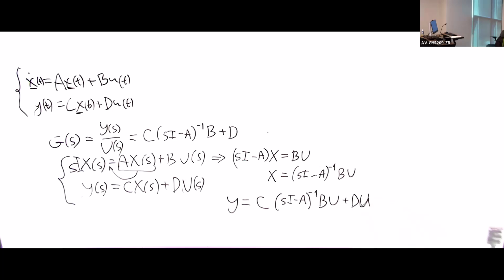I just substituted that x here in that equation. Okay, so it's C times that thing plus Du. Now I can take u out to write it like that. So y divided by u will be that thing.